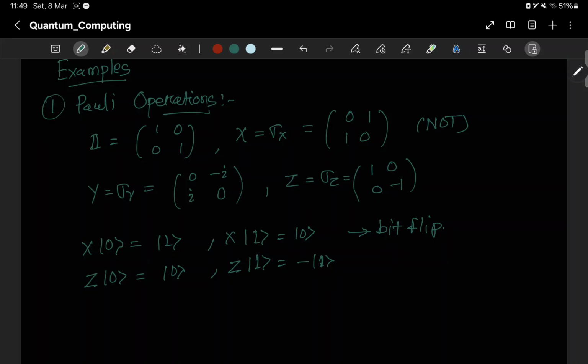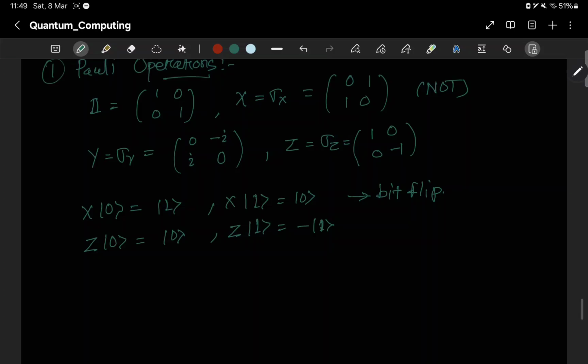It is basically a 180 degree rotation around the z axis. We'll see that when we discuss the Bloch sphere, how the quantum states are represented in the Bloch sphere, how these different operations rotate this Bloch vector around the sphere, and how we get these kinds of phases. So that we'll discuss in a later video.